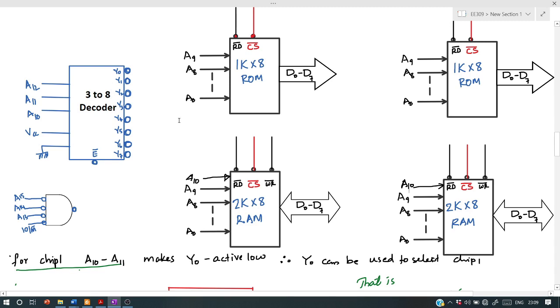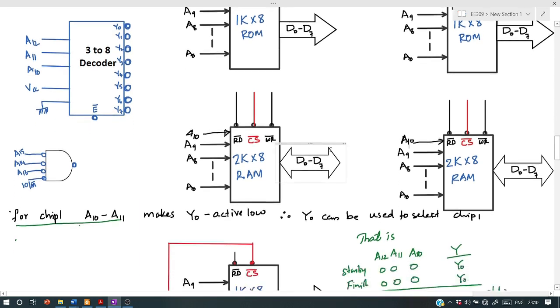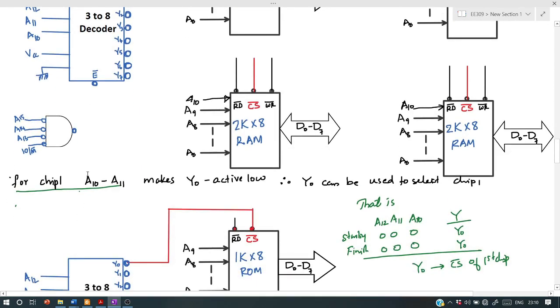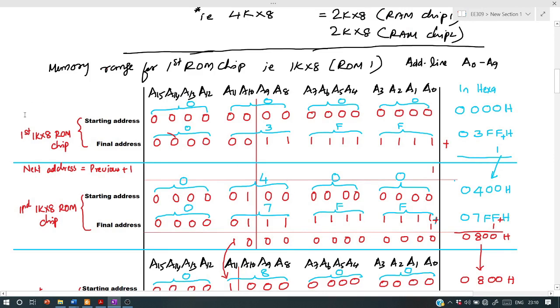Let's see the interfacing of the circuit in step-by-step manner. For chip 1, A10 to A12 makes Y0 active low. Therefore, Y0 can be used to select chip 1. That is, when we are considering the first 1K into 8 ROM chip, A10 to A12 is always 0, 0, 0. So from starting to finishing, its value is 0.